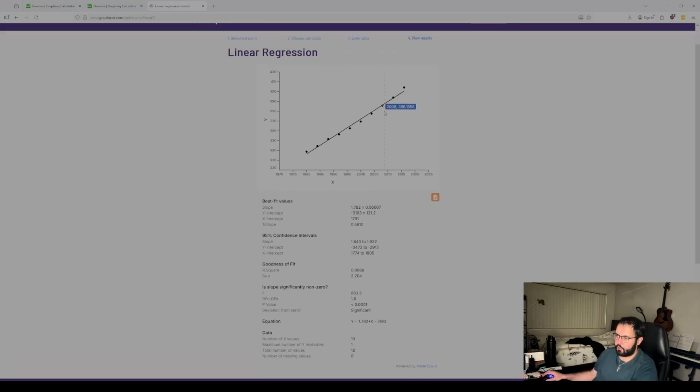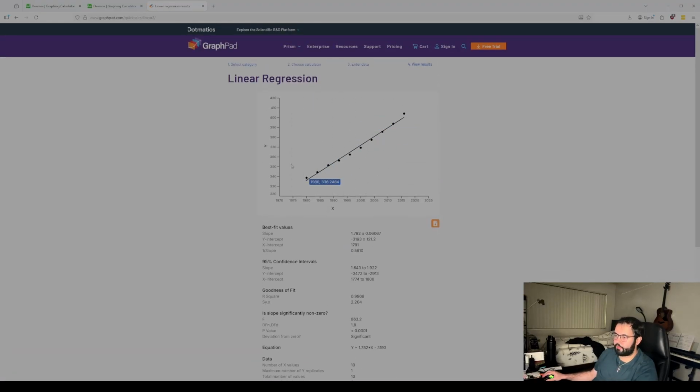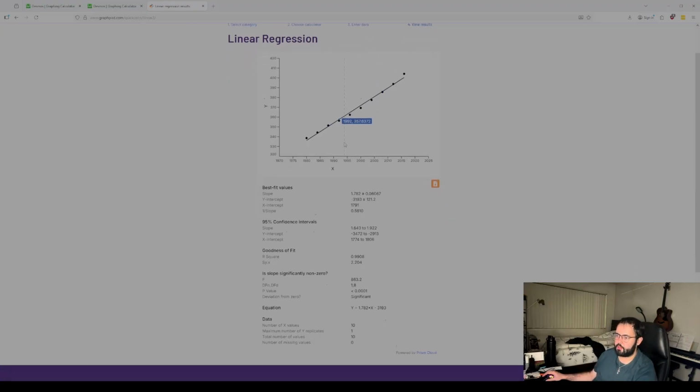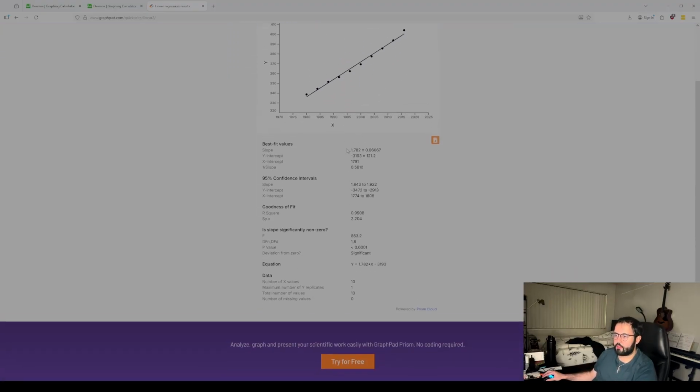So right off the bat, looking at this graph, it looks like it's a lot better than the one we had before, but I'll plot this on Desmos just to compare and contrast the two. And it tells us that the calculated slope for this line is 1.782 and the y-intercept is -3.193. So I'm going to head and plot this on Desmos and compare it to our previous approximation.